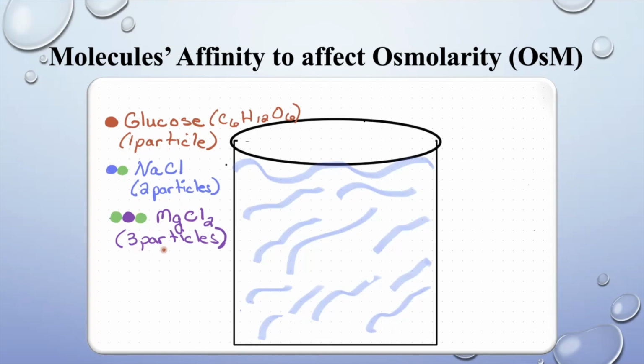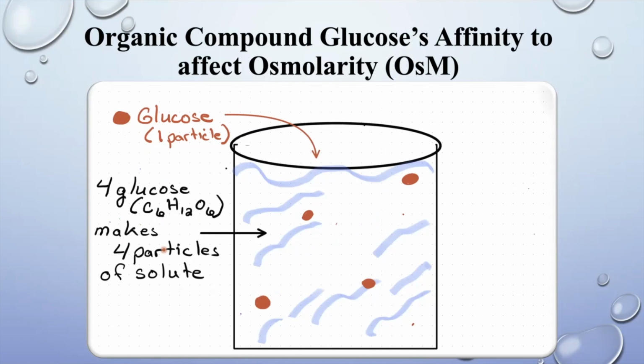So now let me show you what this does for the ability of the solution. If you just recall back to our tonicity, we're going to apply this. So your glucose just goes in as one particle. So what if I were to put 4 glucose molecules in? Let's count them up. 1, 2, 3, 4.